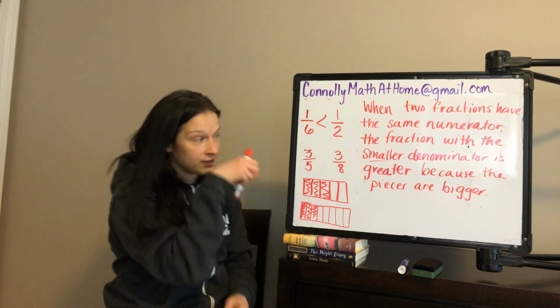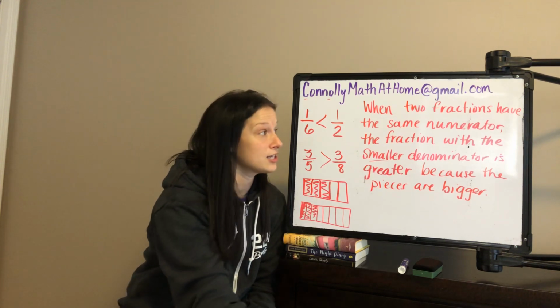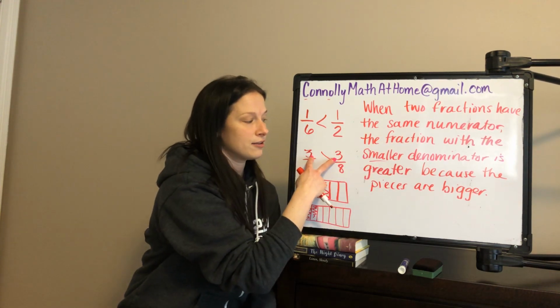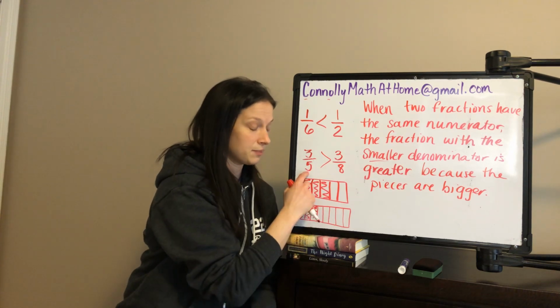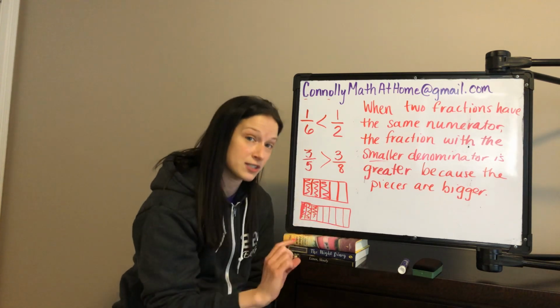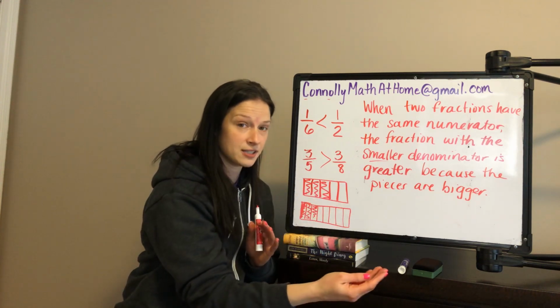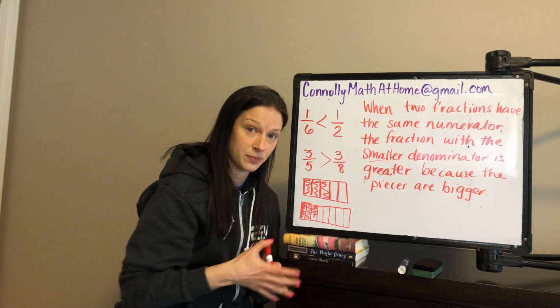And I know that even if I didn't draw the representation, because when two fractions have the same numerator, the fraction with the smaller denominator is greater because the pieces are bigger. So this one feels a little backwards because we're thinking about a smaller denominator giving us bigger pieces, which means the fraction is greater. Only when the numerators are the same though, okay?